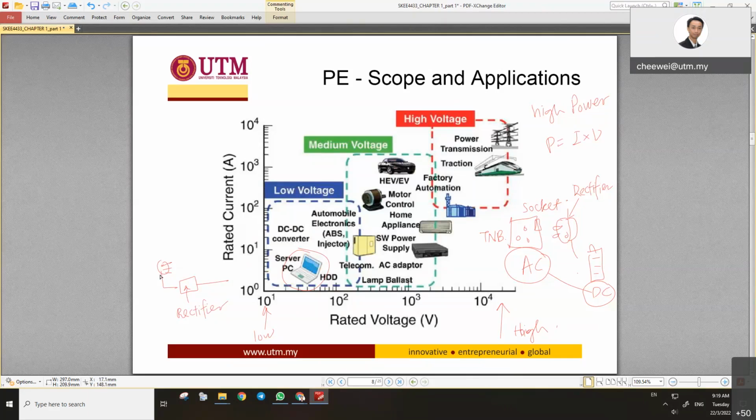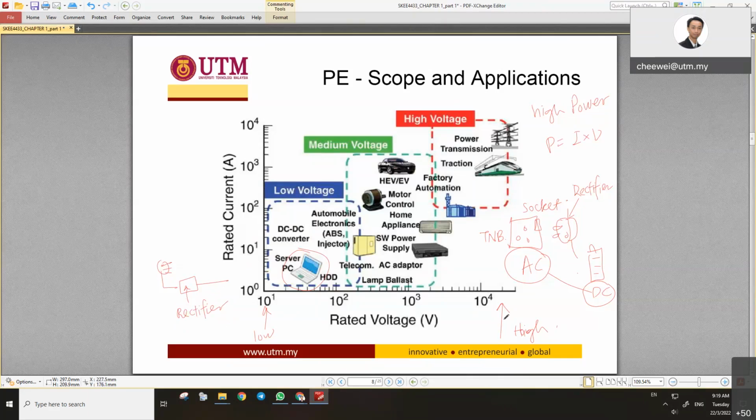Charging from the socket is AC, so this is a rectification. Of course, the charger for the laptop will be more complicated because lots of protections are required. Laptop is very fragile compared to your mobile phone.